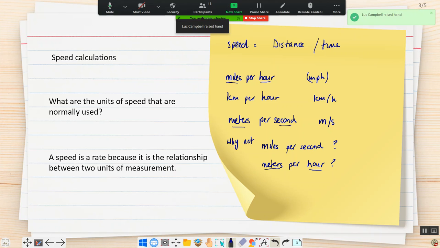Yes, Luke, you raised a hand. It's videoing. Yeah, go for it. All right, guys. So what would I be measuring if I did a speed in miles per hour? What kind of objects do you think I'd be measuring the speed of? A car? Okay, car works. Kilometers per hour could be a car again, but could also be what else?